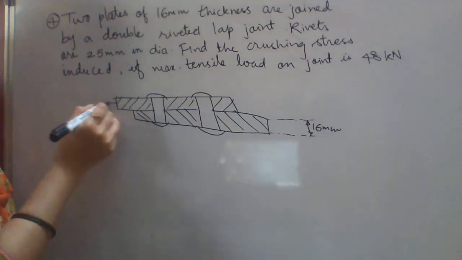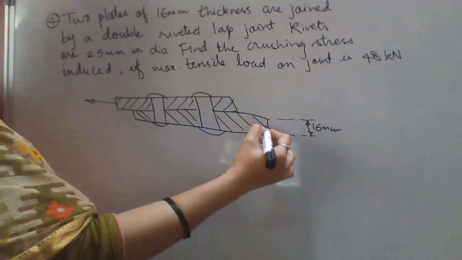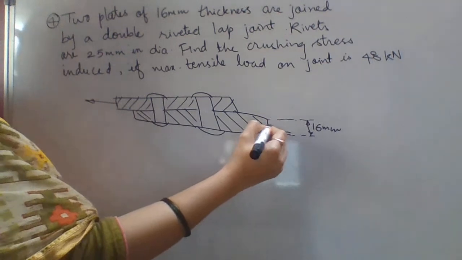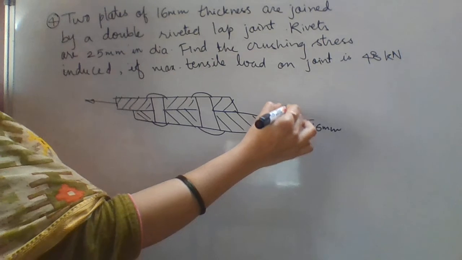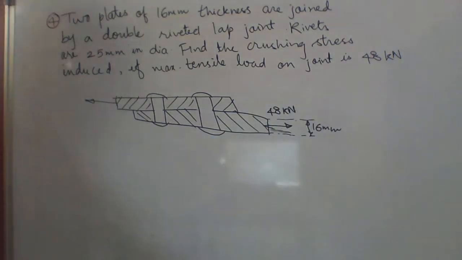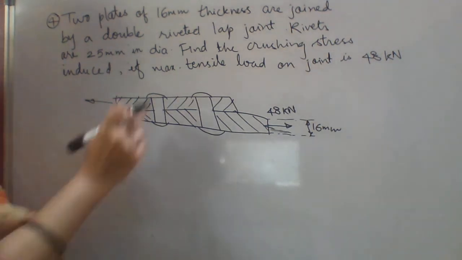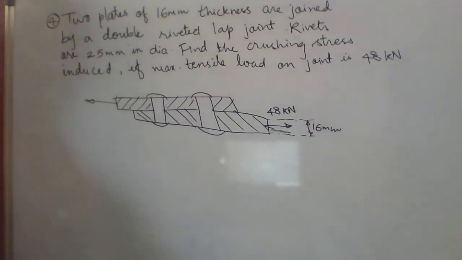Now the tensile load acting on these two plates is 48 kilonewton. So W is given as 48 kilonewton. Now we have to calculate the crushing stress induced, how much crushing stress will be induced in the rivets. We know that the area involved in crushing is nothing but the projected area of the two mating parts.